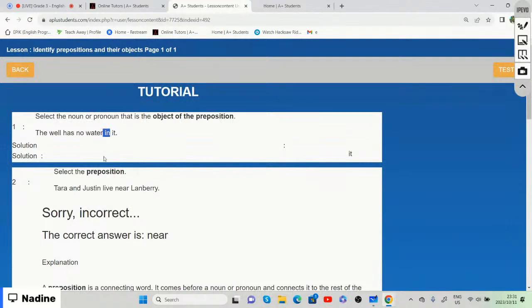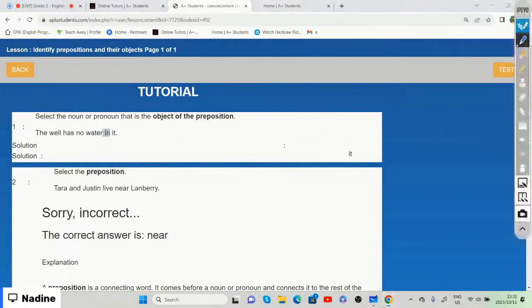And remember, we said that our noun or object of preposition comes after the preposition. So we can say it is our object of preposition.